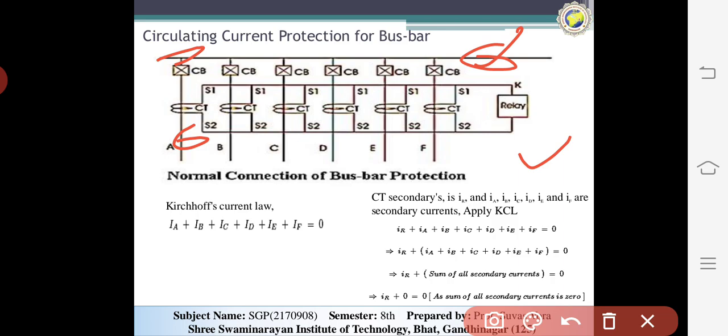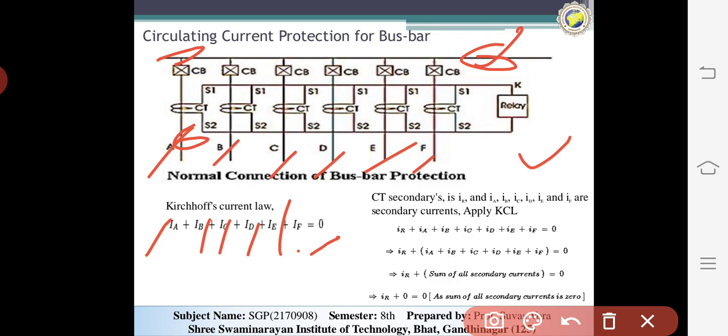Now here you can see in the figure, the feeders A, B, C, D, E and F carry the currents IA, IB, IC, ID, IE and IF. If I apply Kirchhoff's current law, the sum is equal to 0. So all the CTs used for the differential busbar protection have the same current ratio.